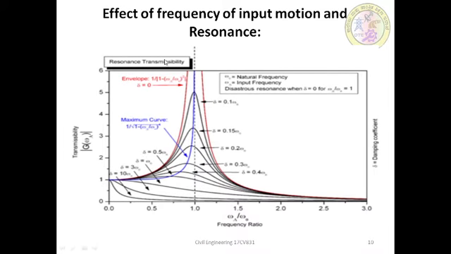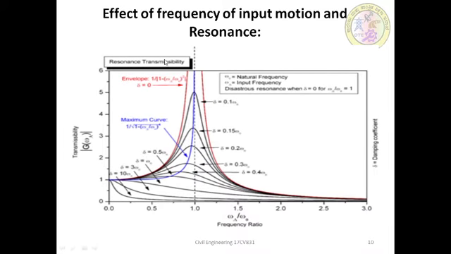So here, the red curve has a very small damping ratio, and as the damping ratio increases, the amplitude is going to reduce. You can see 10%, 3%, 1%, 0.5%, the different damping ratios, and how the damping coefficient makes the displacement reduce.